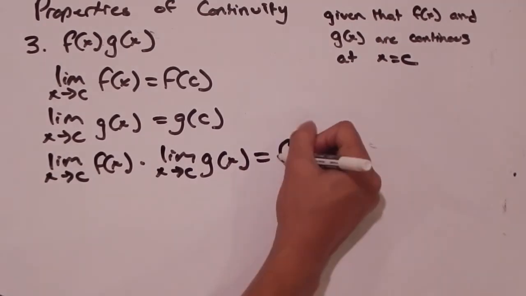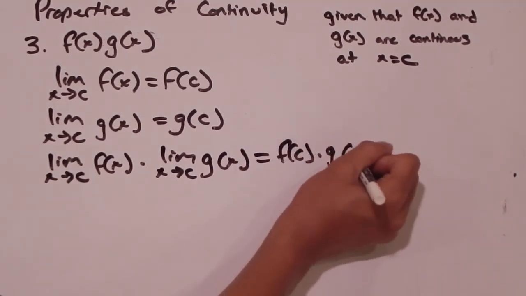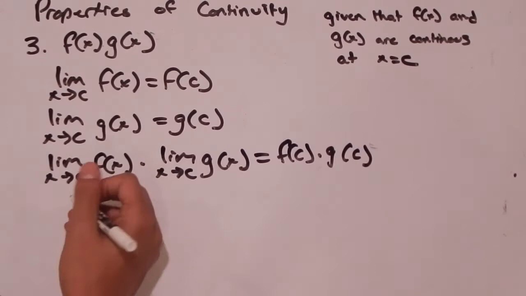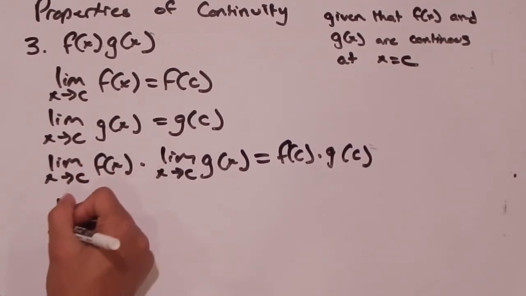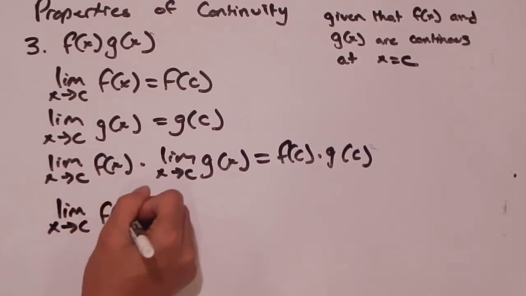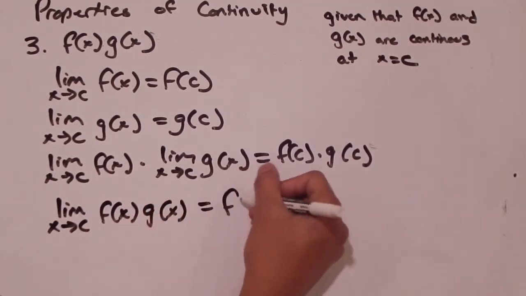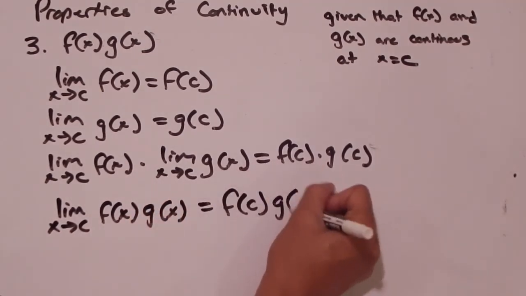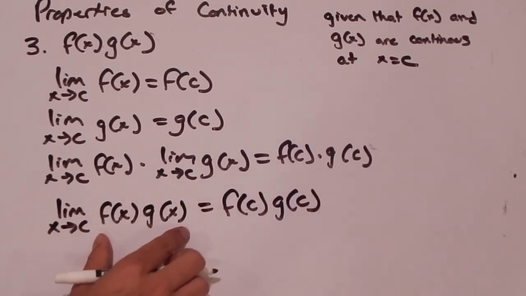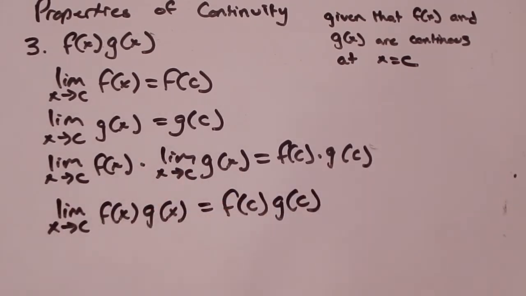And we know that's going to equal f of c times g of c. And based on our product property with limits, we can just stick these inside one limit. And now it's pretty easy to see that the limit as x approaches c of the function f of x times g of x is equal to f of c times g of c. So that is going to effectively prove that.